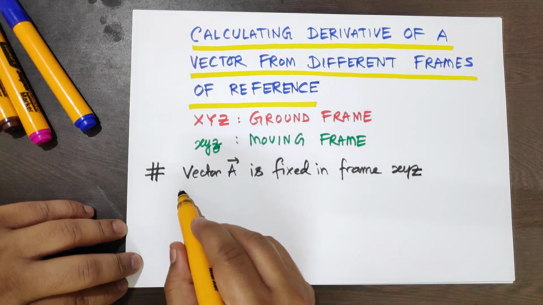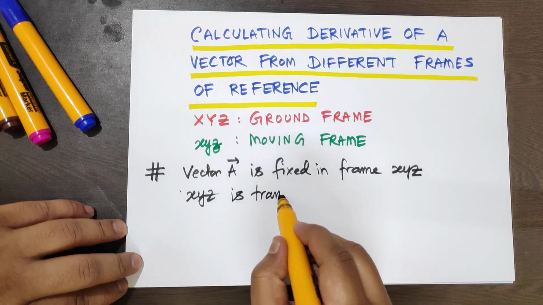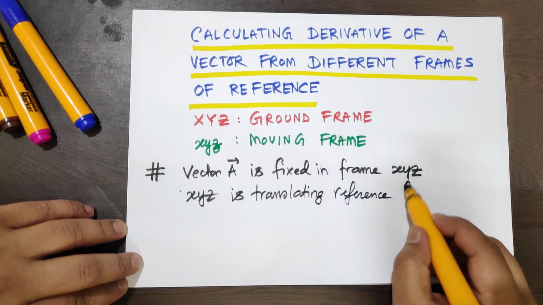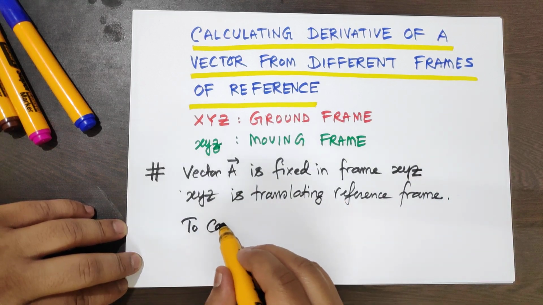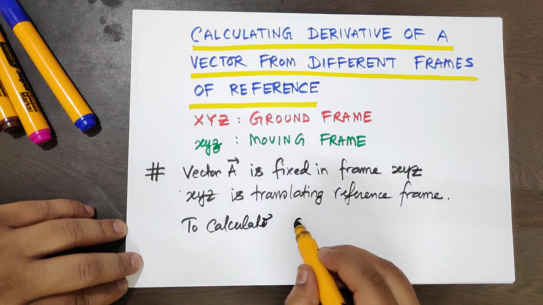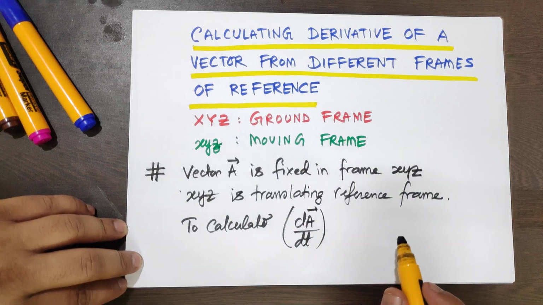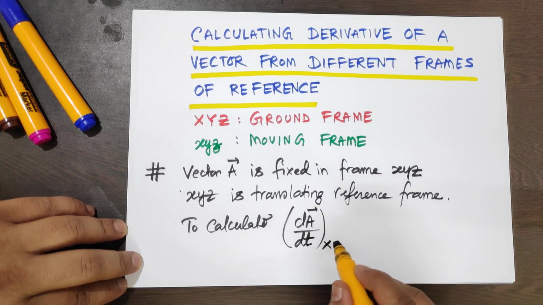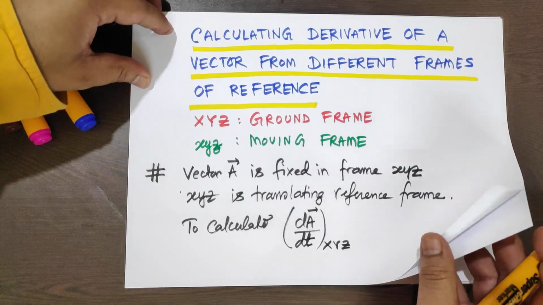So this small x, y, z is a translating reference frame, right? So we have to calculate dA/dt, that is, dA by dt with respect to this ground frame capital X, Y, Z. Okay, so I'll continue in the next page.